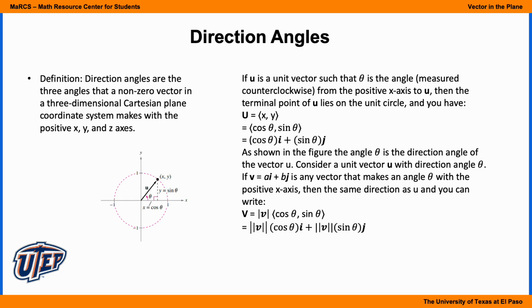So if we're given any vector v, and we write it in its linear combination form, a times i plus b times j, where a and b are each of the components multiplied by the unit vectors for each direction, so i, the horizontal component, and j, the vertical, then we can also write v as the magnitude of v times the cosine of theta in the i direction plus the magnitude of v times the sine of theta in the j direction.